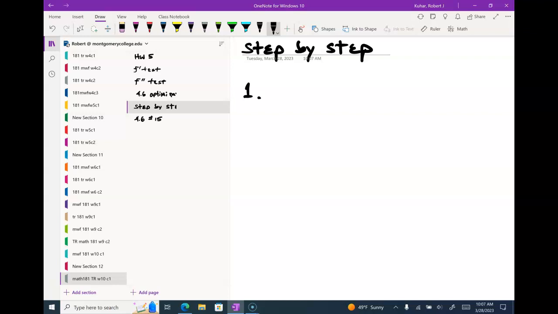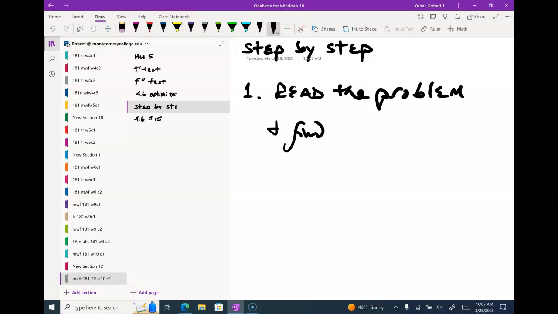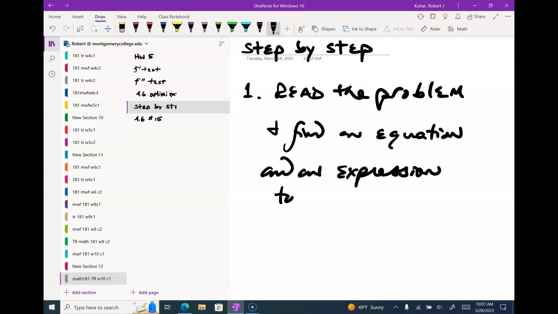Of course, you're going to read the problem. And remember what we said, these are applications of derivatives, so they're all word problems, basically, right? Read the problem and find an equation and an expression to be optimized.